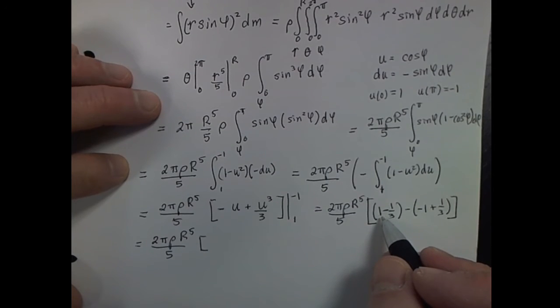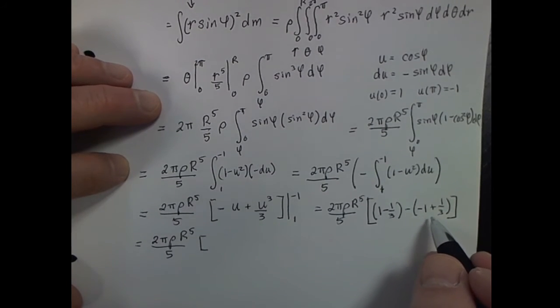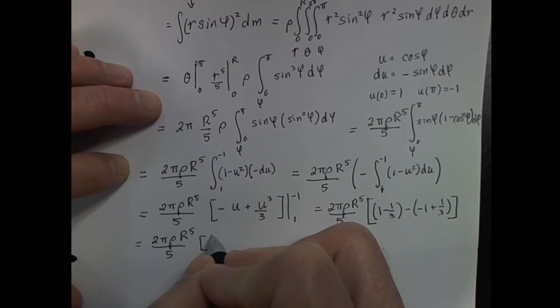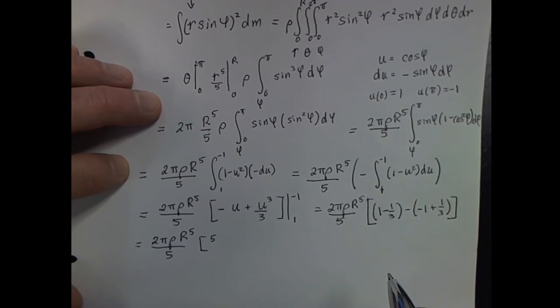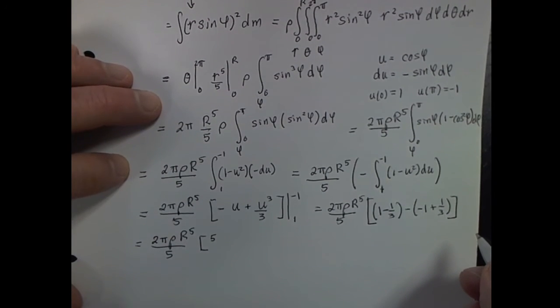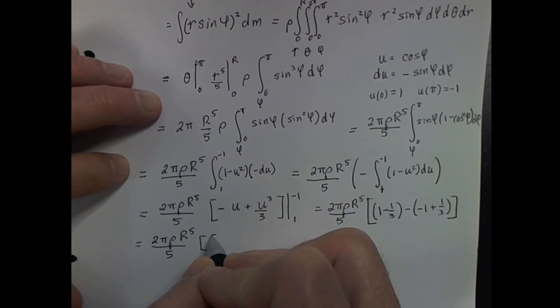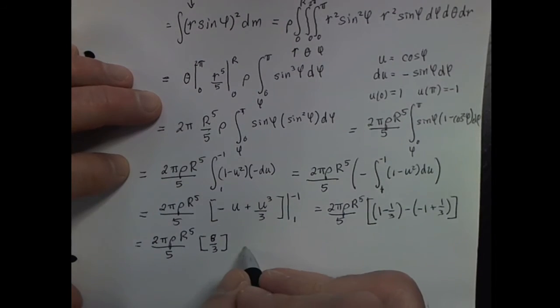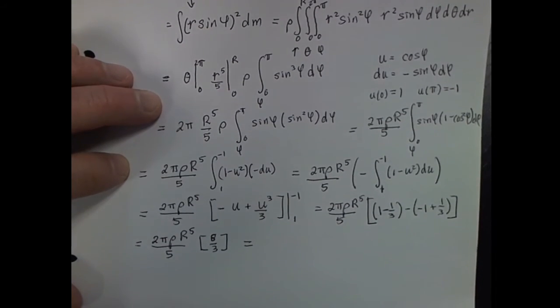So 2 and 2/3. 5/3? Is that right? 2 and 2/3. 6, no, it's more than that. 2 is 6 plus 2, 8/3. Hope I didn't mess anything up there. Be a lot of work for nothing, wouldn't it?